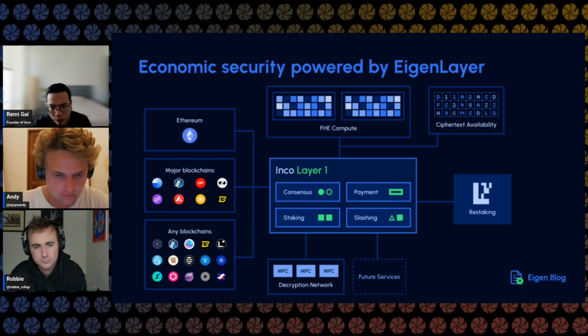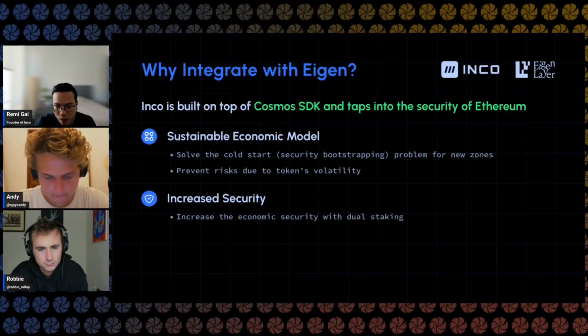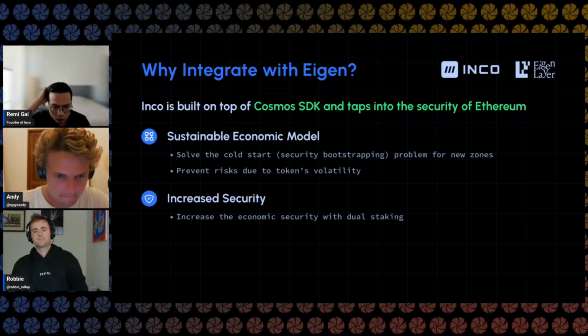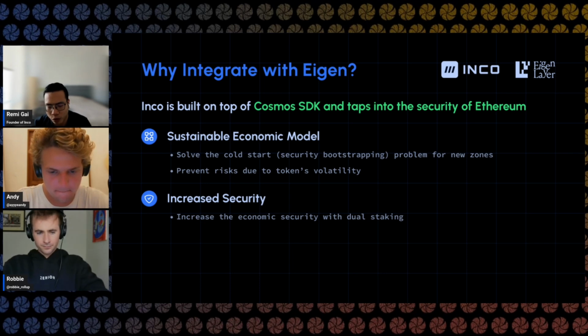We do have a blog post with EigenLayer that came out earlier this year, really talking about these concepts, and I do think it is an interesting design space, especially for layer ones to benefit from additional security. I can talk a little bit more here. Basically, when you launch a layer one, typically you have this cold start problem.